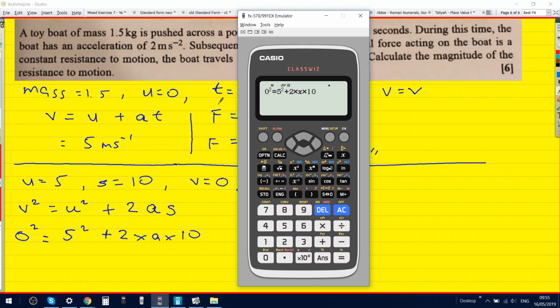Tell me when you get an answer. Is it equals minus 25?